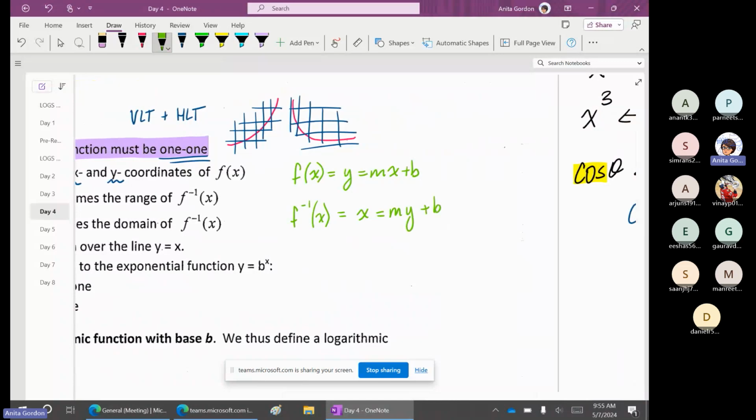We are changing the positions of the x and y variables, and then we want to rearrange to get y equals again, but you will see that the equation will look slightly different. This is the inverse function of a line. So all the variables are still there, they're all the same, but when we do an inverse, we're swapping the position and we're solving for y. And this is just a quick example of how we can do that with a line function.